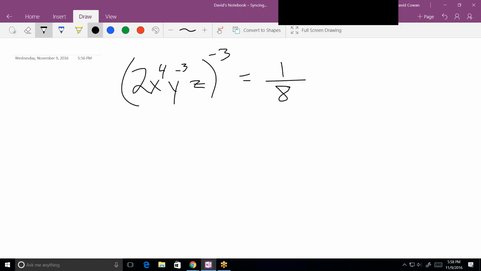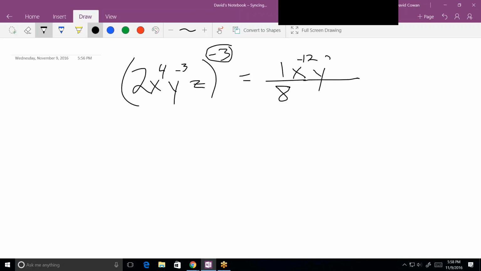That's the number part. Now apply that minus 3 to the x. Okay, so then it would be negative 12. So it's x to the minus 12. For the moment, I'm going to leave it in the numerator just until we get done. Now, do the y. y to the 9th.